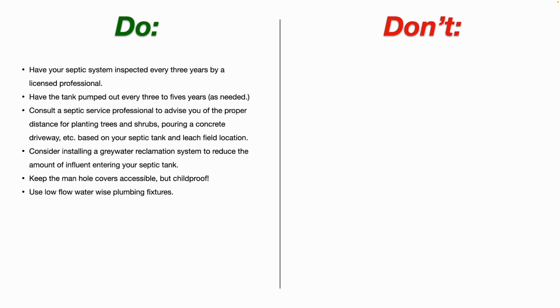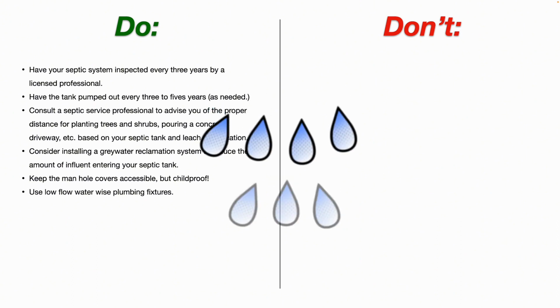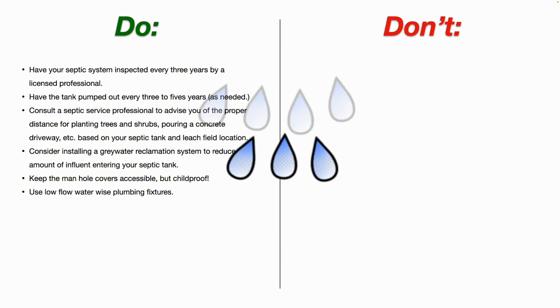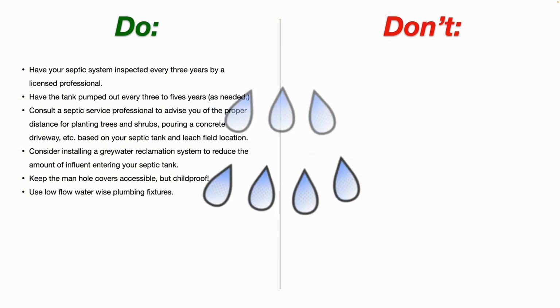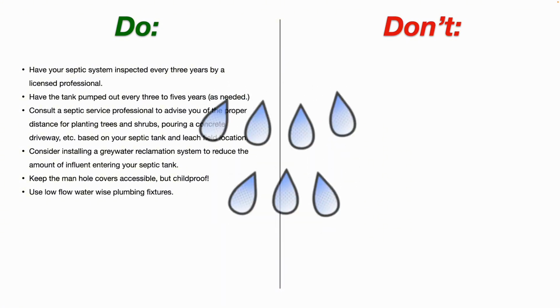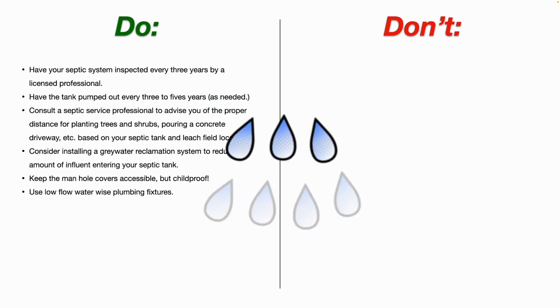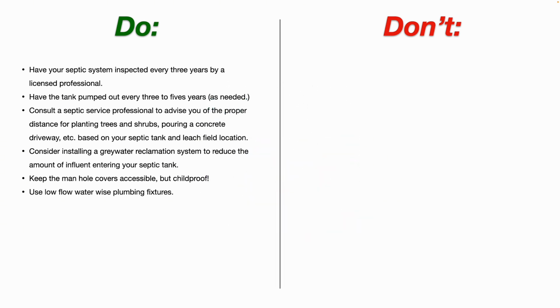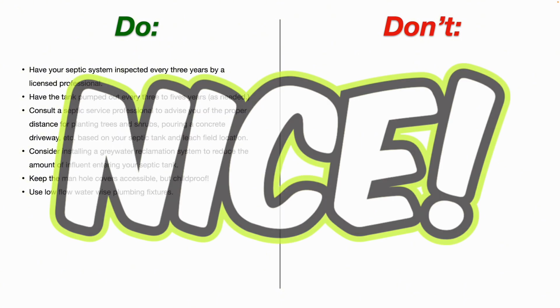You don't want to have an excessive amount of water going into your septic tank and into your leach field where you overwhelm the system or cause a backup or flood the leach field where you end up with possible wet muddy spots out in your yard or serious problems. So a greywater reclamation system would greatly reduce the amount of influent or water going into your septic tank.